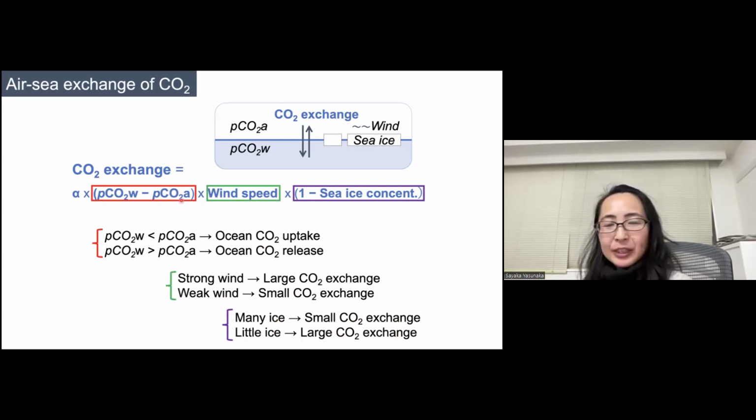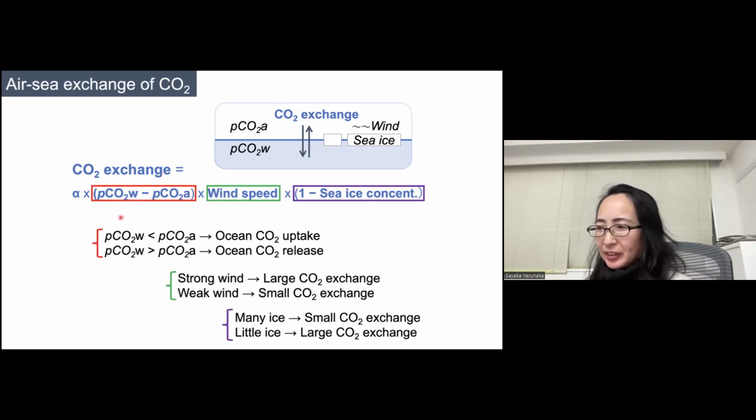Among these parameters, we can get wind speed from the atmospheric reanalysis product, and sea ice concentration from satellites. The variation scale of pCO2 in the atmosphere is very large, both in time and space, so we can know the atmospheric pCO2 from a few measurements.